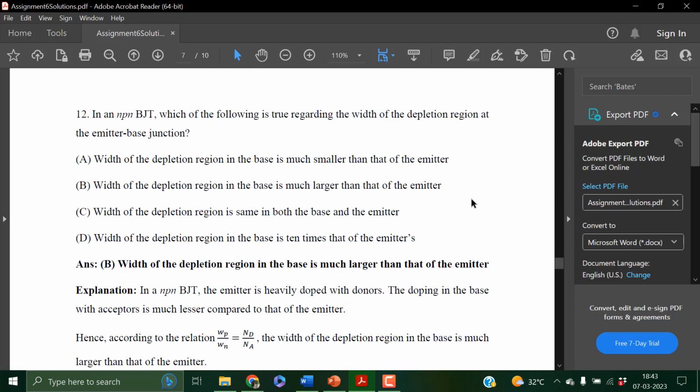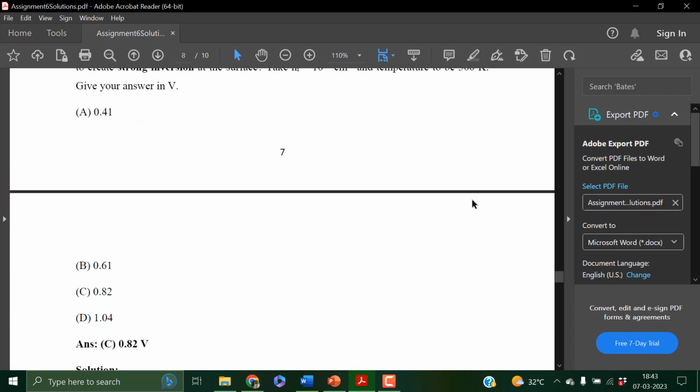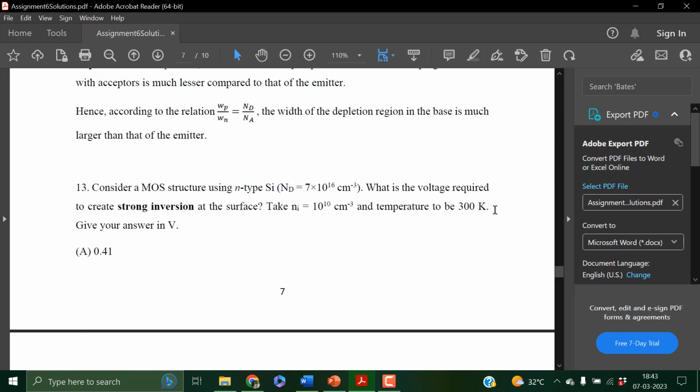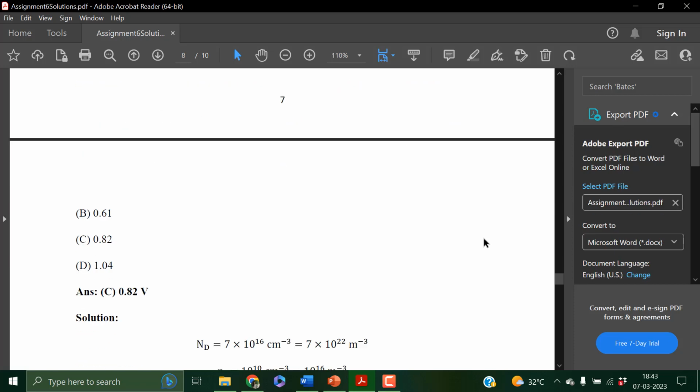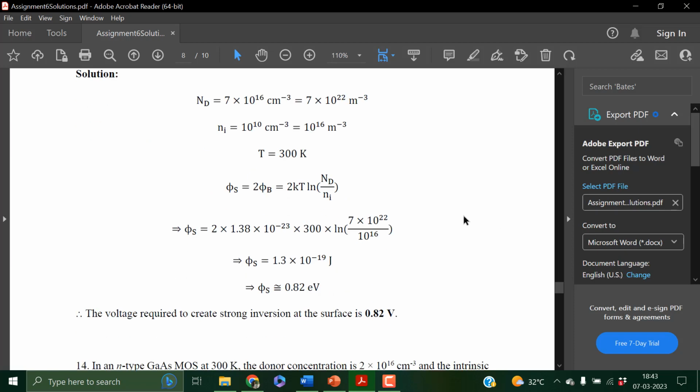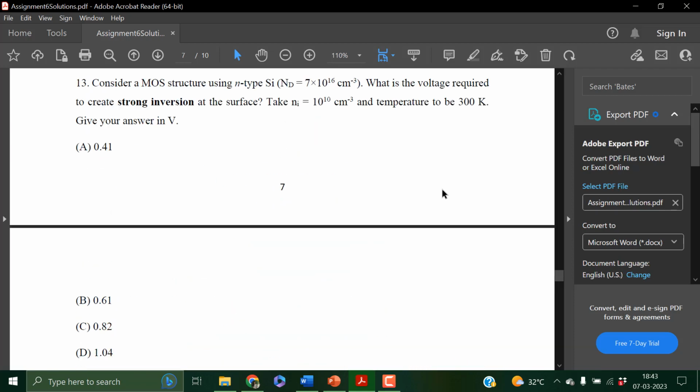Okay. Then next question that you have doubt. 13, ma'am. So 13 is: consider MOS structure using n-type silicon. What is the voltage required to create strong inversion? So again, the condition for strong inversion, phi s is equal to 2 times phi b. You have to find out. Okay, ma'am. Basically, you have to find phi s only.